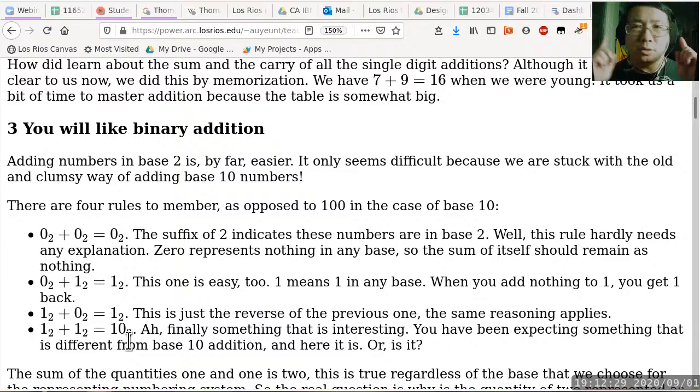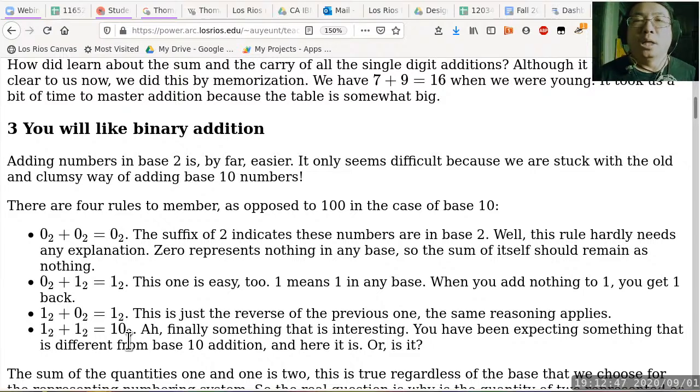Because we are used to thinking 1 plus 1 is 2. Well, that's only because 2 is a digit available in base 10 to represent that quantity. For those of you who need accessibility, I'm holding up 2 fingers.